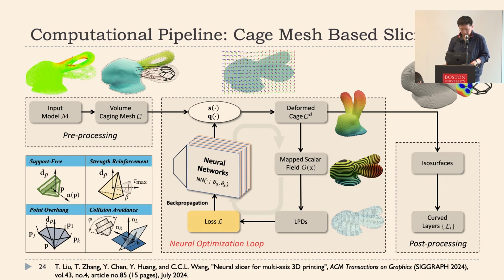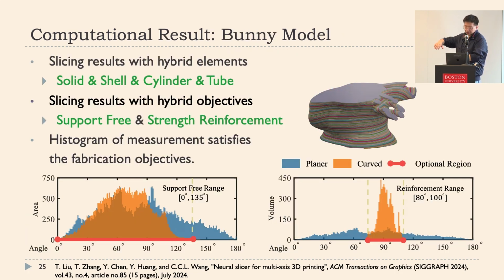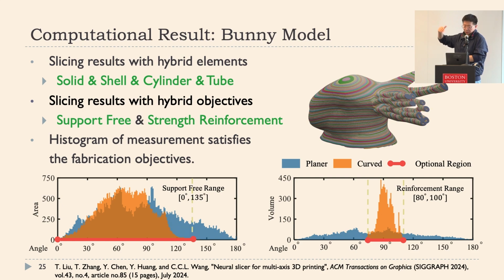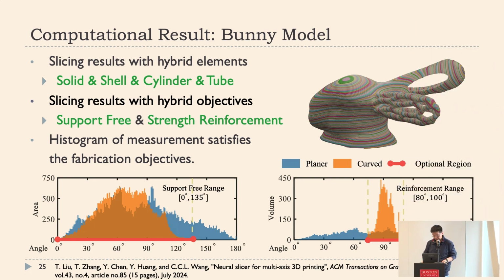So it turns out you have all those things realized by this neural-based representation. This shows the layers we generated by this neural field-based optimization. You can see they completely follow all the requirements we put in there for surface quality, and also overcome the problem of mesh representation, with everything directly evaluated inside the original domain. So this is the best part of this representation.